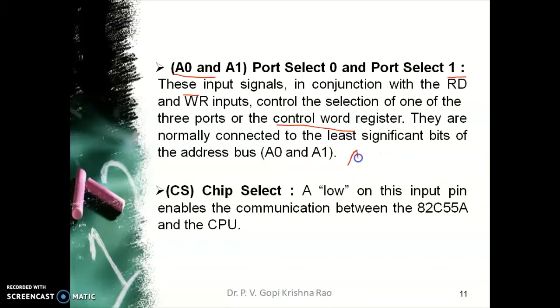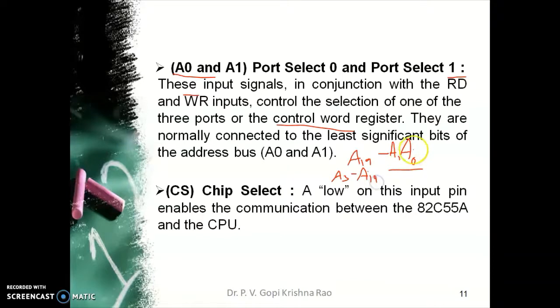So when we take 8086, we have A19 to A0. The least significant address lines A1 and A0 will be connected to 8255 and the remaining address lines from say A3 to A19 will be used for address decoding.